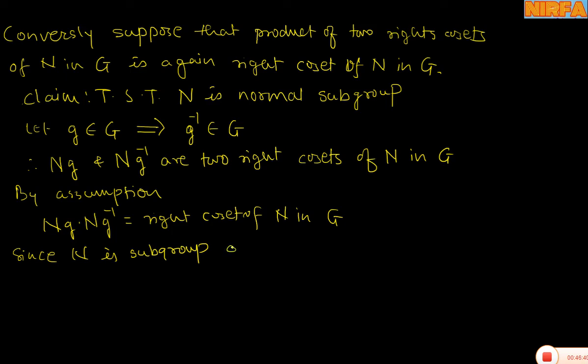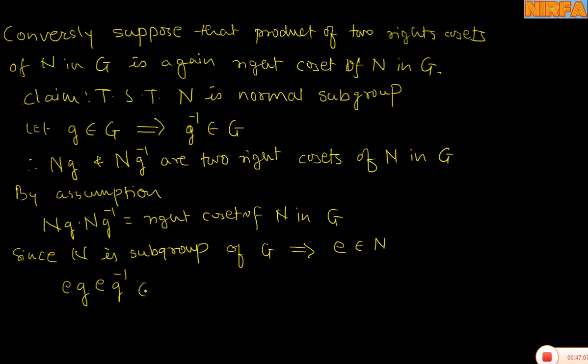So N is a subgroup of G. This implies the identity element must be present in the subgroup, that is e belongs to N. So now I am considering one element from N. Therefore, we may write e, a member of N, into g, again e, a member of N, again g inverse.